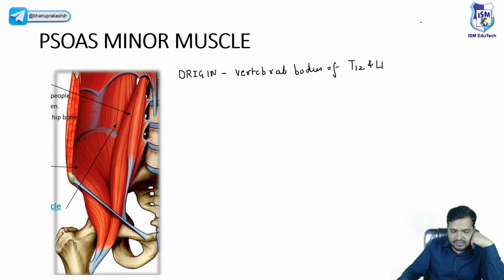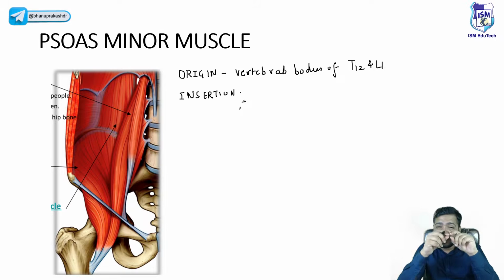And insertion: remember, it attaches to a ridge. What does a ridge mean? A ridge means a line, a simple line.